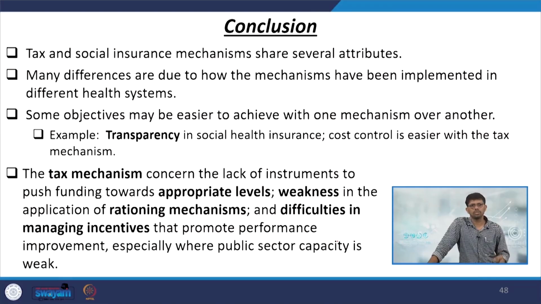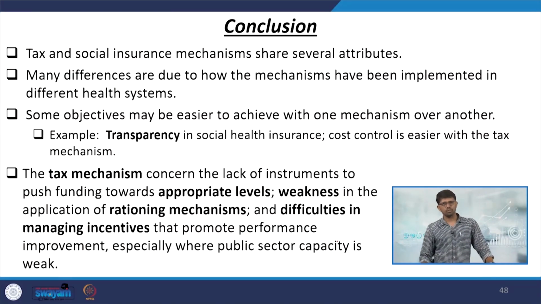Transparency in social health insurance; cost control is easier with the tax mechanism. Tax mechanism concerns the lack of instruments to push funding towards appropriate levels, weaknesses in the application of rationing mechanisms, and difficulties in managing incentives that promote performance improvement, especially where public sector capacity is weak.